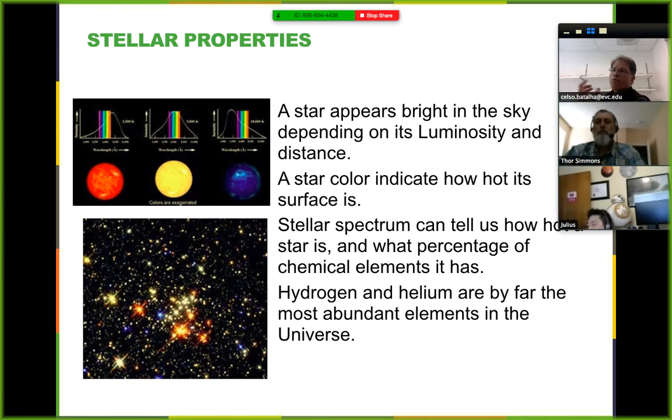Now, brightness is different. Brightness is what you receive, and that depends on how far you are from these objects. Like if you go out in the night sky and you look up, you are going to see stars, some of them pretty bright, some of them not so bright. So does this tell you how luminous they are? Does this tell you how far they are, how close they are? Not at all.